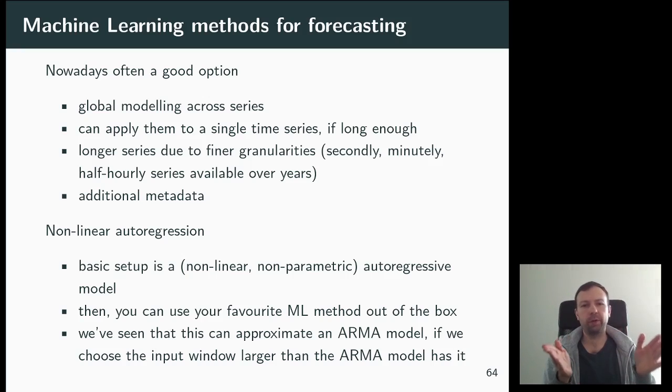As we've seen before, you have some lag values in that window, and then you predict the next value, because then you can basically just use your favorite machine learning method for regression out of the box. And we've also seen before that this can then also approximate an ARMA model. You just need to choose the input window larger than how you would have it in the ARMA model.